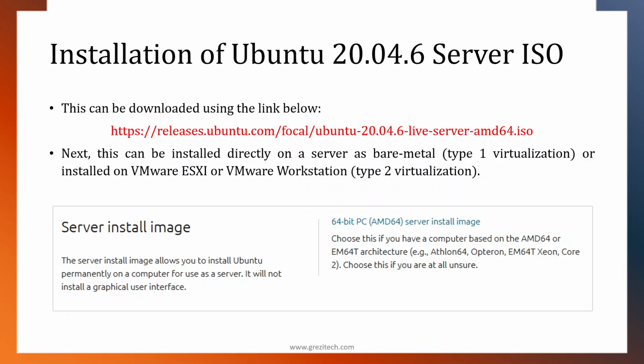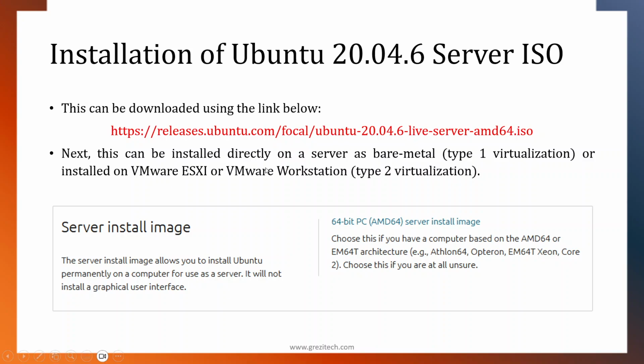It's a core that allows you to do all your configurations from the terminal. So the server install image is going to be our preferred method because it is very light. If you want to download the server install image, you can make use of the link in the description below.